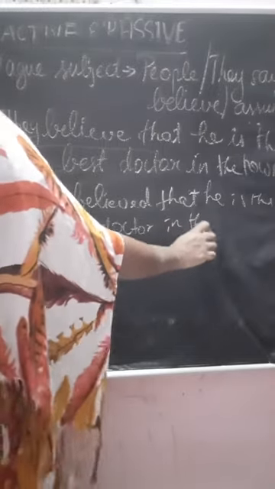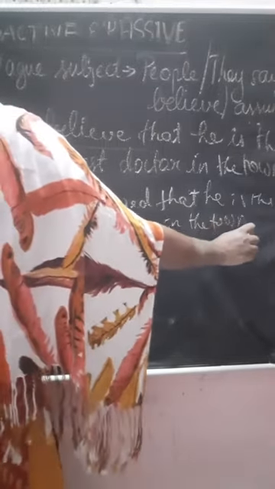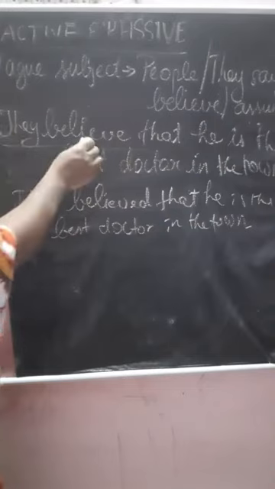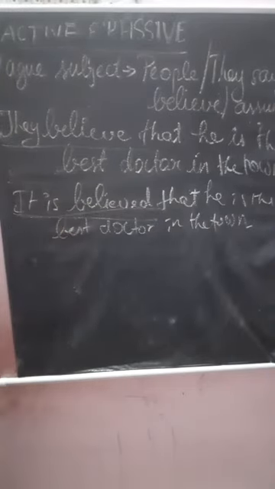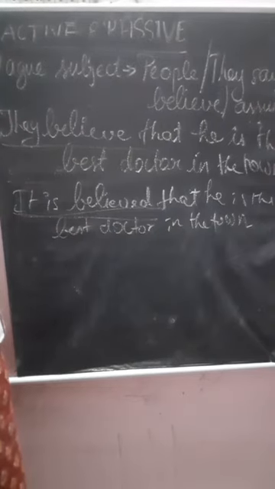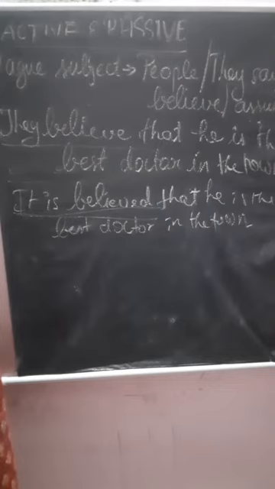In the second part, there are no changes from active to passive. When we find such subjects, we just use "it is believed", "it is said", "it is assumed" in that way. I hope these examples are clear. They are very exceptional, so please remember all these examples. Thank you.